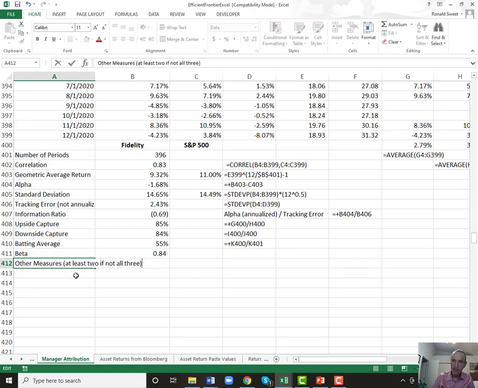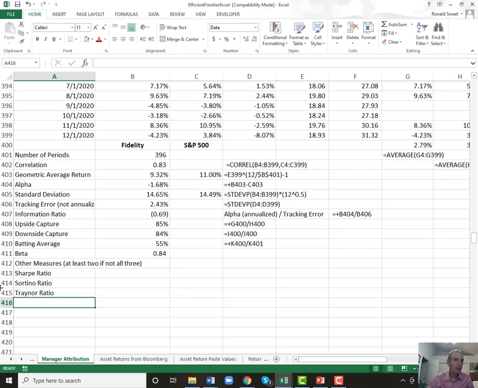But they're a little tedious, they're a little bit of work. So the most famous ratios are the Sharpe ratio, the Sortino ratio, and the Treynor ratio. The last one's a little bit different, and that's the Jensen alpha.